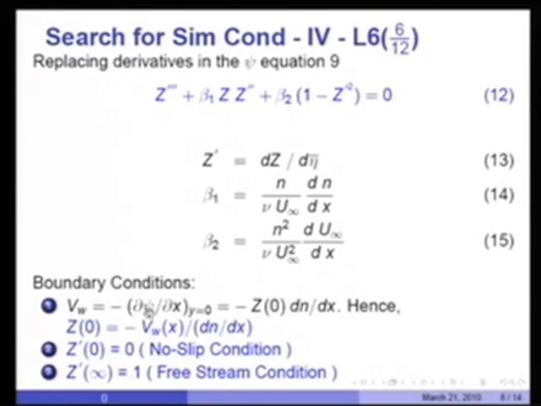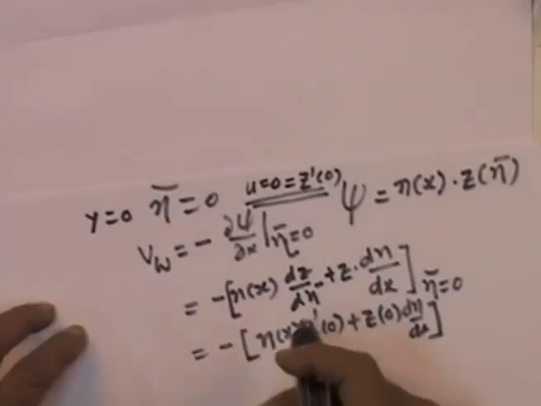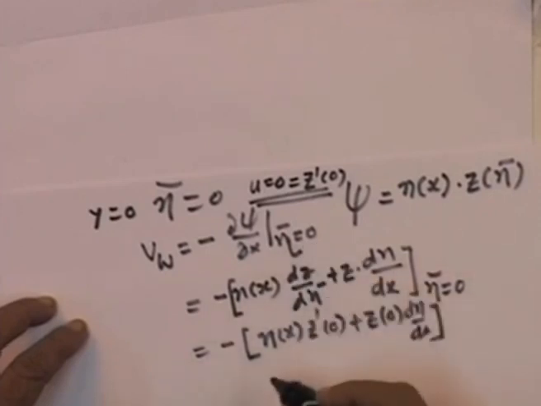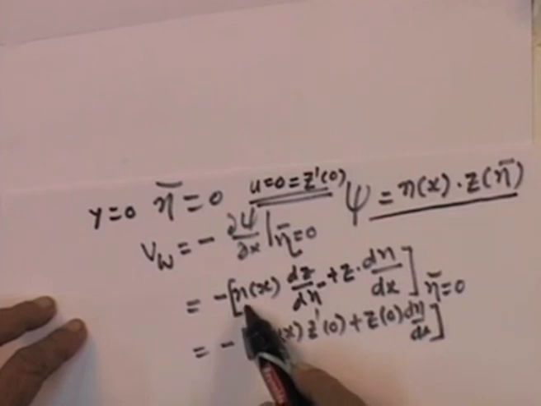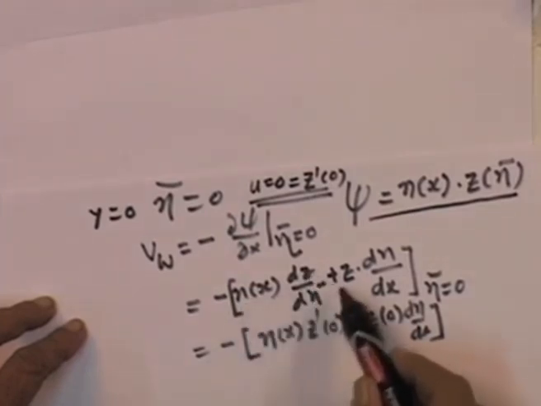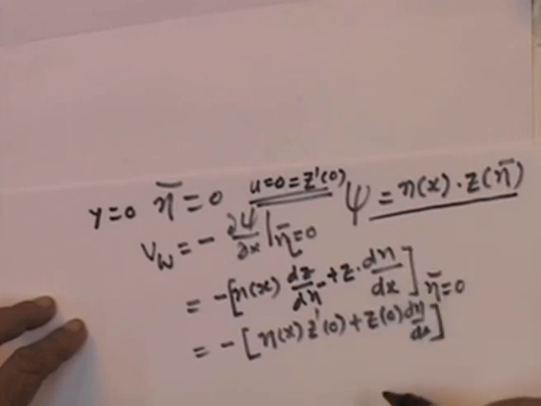But at y equal to 0, there is a suction or blowing velocity v_w, and v_w will be ∂ψ/∂x at η̄ equal to 0. Since ψ is equal to n x Z(η̄), I will have n x dZ/dη̄ plus Z dn/dx, all at η̄ equal to 0.